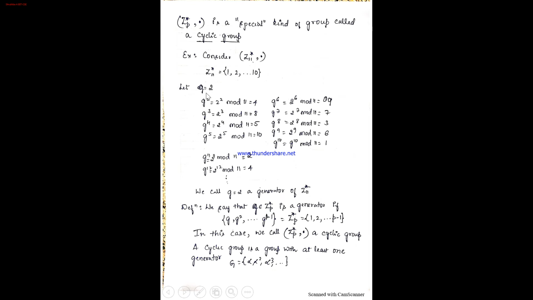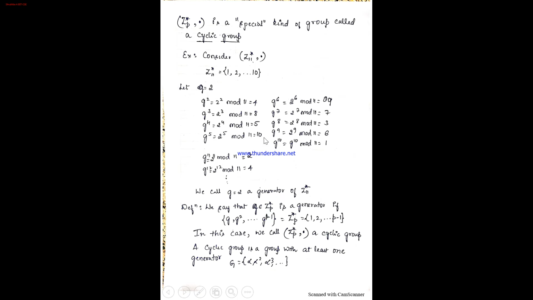G equal to 2 is a generator. If I take 2 and raise it to the powers 1, 2, 3, 4, and continue until the power of 10, I'll get back all the values present in the set. You can observe here: I have 1, 2, 3, 4, 5, 6, 7, 8, 9, 10.